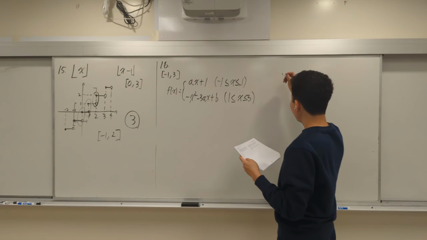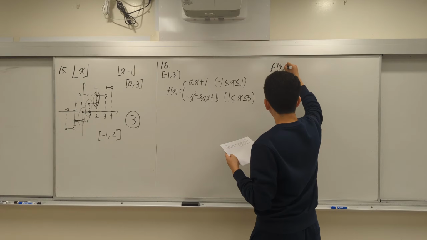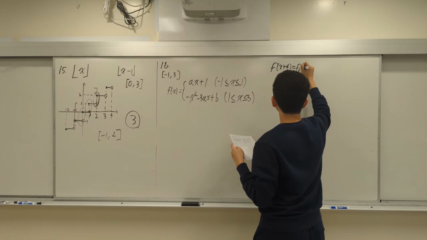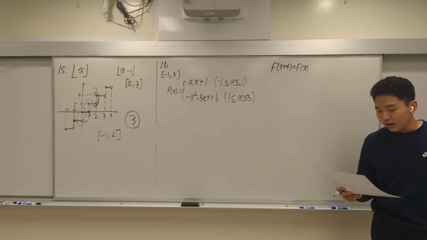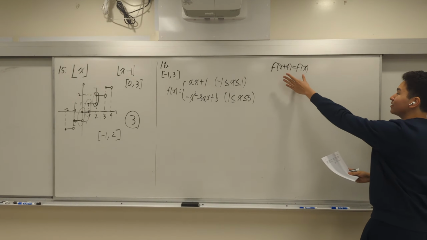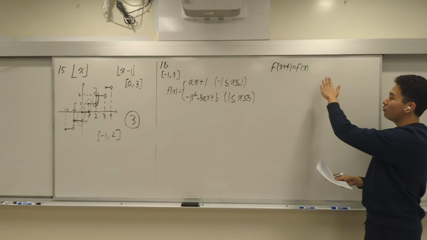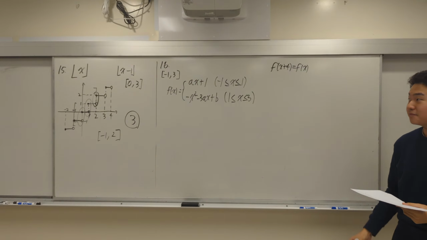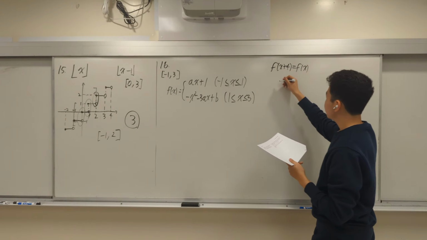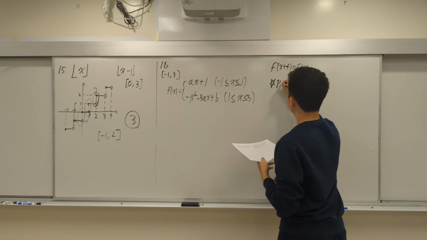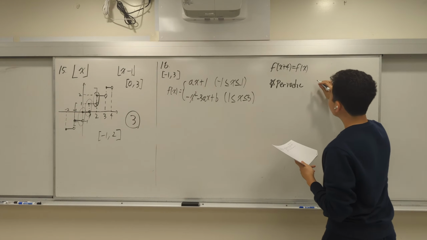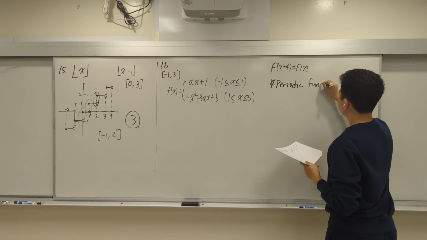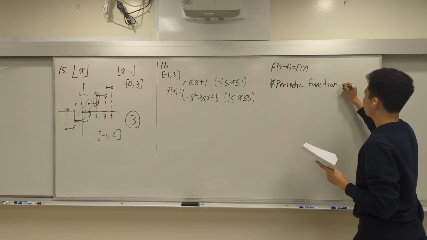Additionally, it gives us that f of x plus 4 equals f of x. Now, after today, when you see these types of conditions, I want you to recognize what they mean. So let me introduce you to periodic functions. If you've done pre-calculus 12, then you should be very familiar with periodic functions because that's what trig functions are, right?